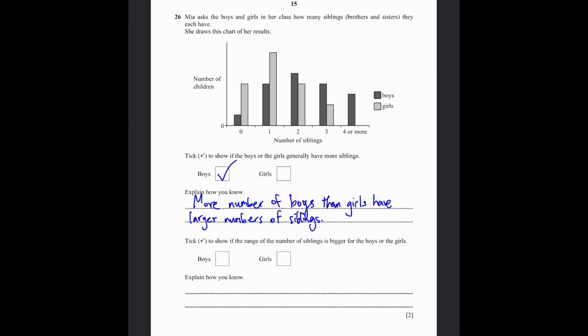Like the boys only have more siblings in 2, 3, and 4. In 4 or more, actually only boys are there, not the girls. So probably boys have more siblings, right?